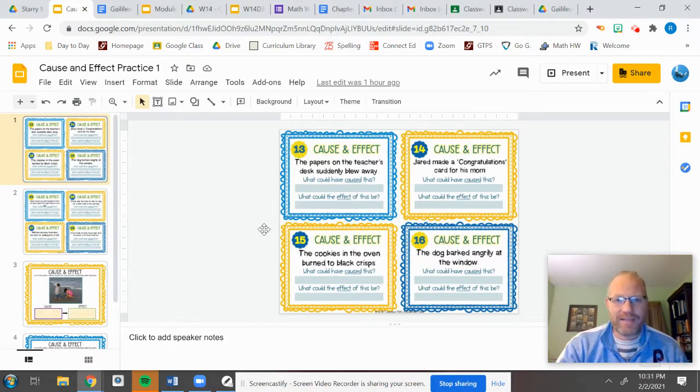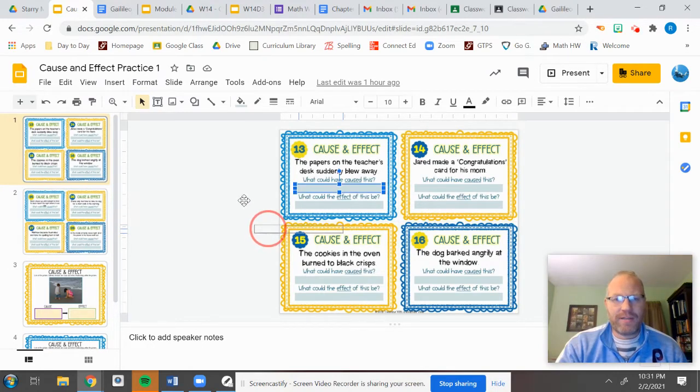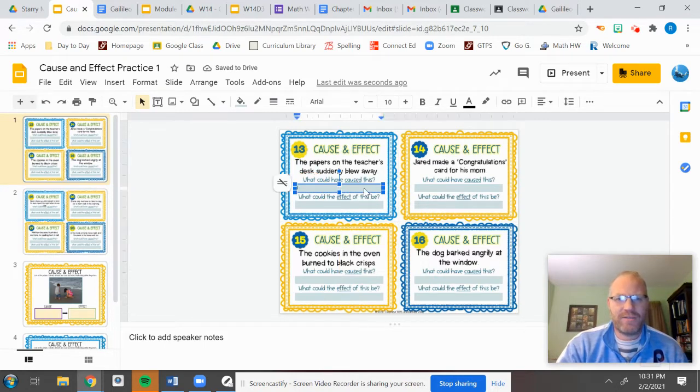So, let's get started. This one where it says number 13, it says cause and effect. The papers on the teacher's desk blew away. What could have caused this? What do you think would cause papers to blow away? Hopefully, you're thinking the wind, because when something blows away, the wind would be what blows something away.